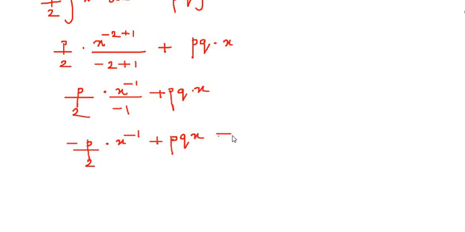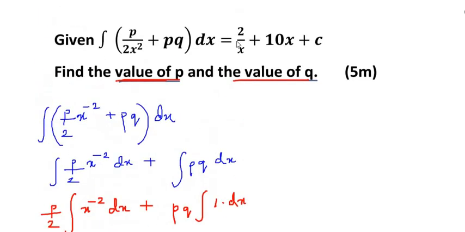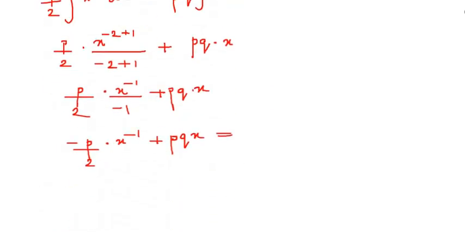Now this was given as equal to 2 over x plus 10x plus c. So let us write it down: 2 over x plus 10x plus c. Now x to the power of negative 1 can be written as 1 over x.